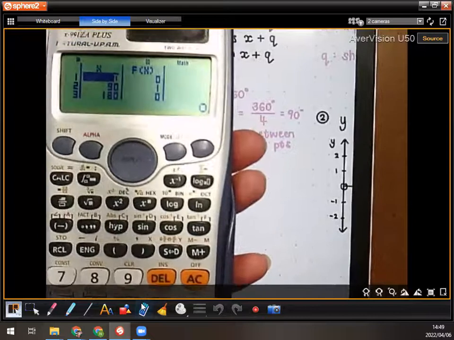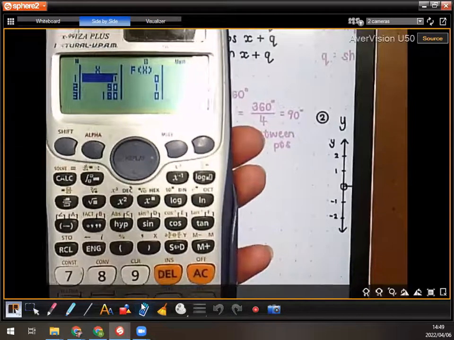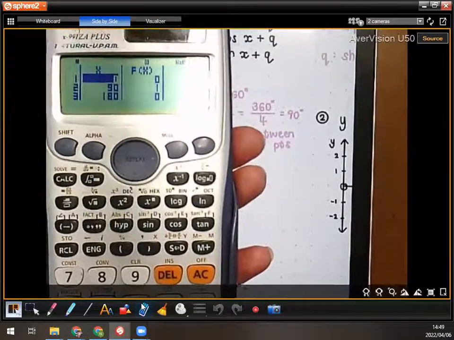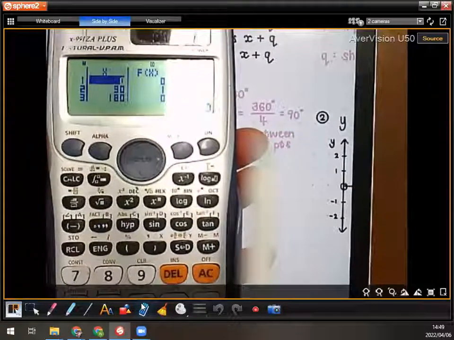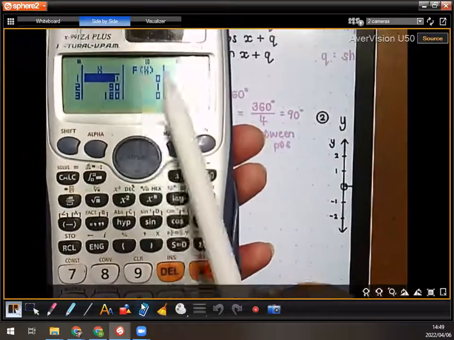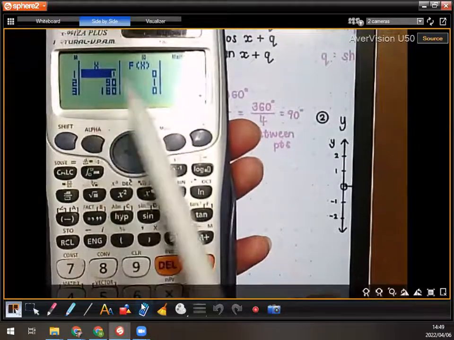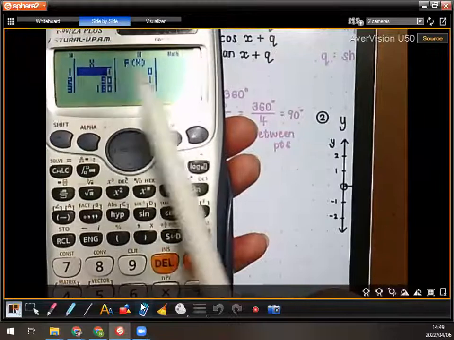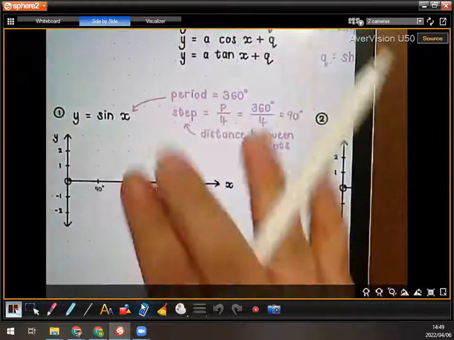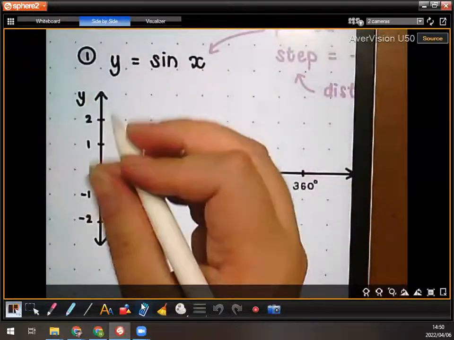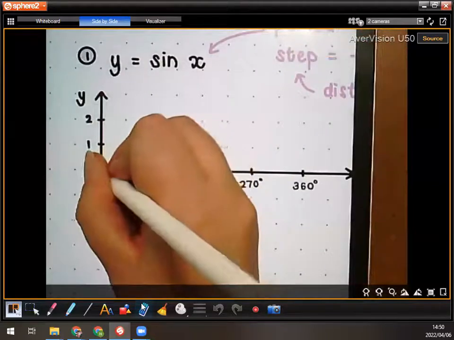Guys, this table is now giving you the coordinates of all the points that you have to plot. Okay, so it's saying when x is 0, f of x, y is also 0. So the first point that we're going to plot is 0, 0. That's the origin, right? 0, 0. So on your graph, you're going to plot a point at 0.